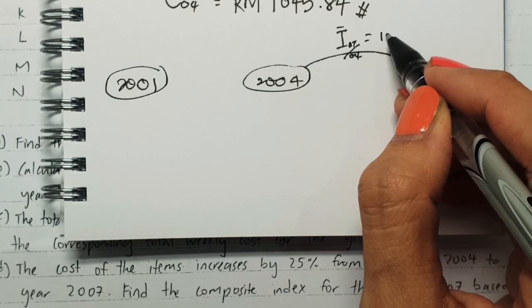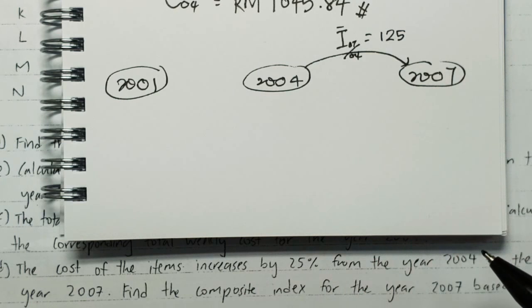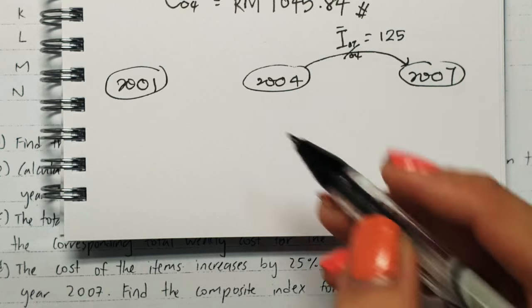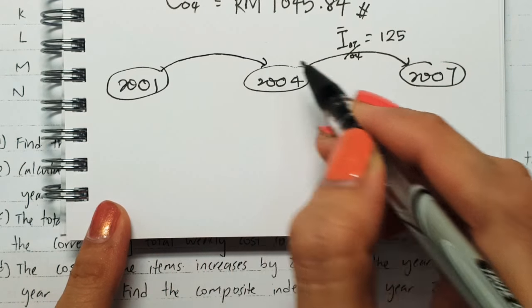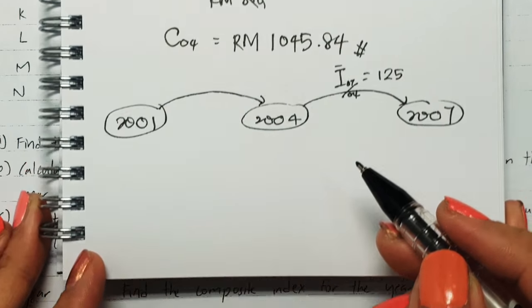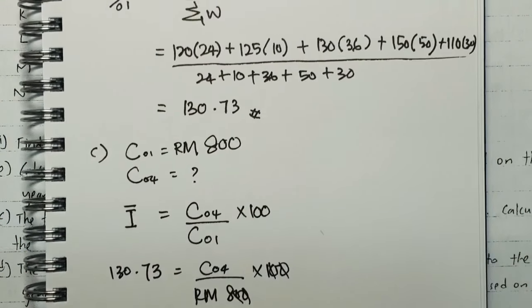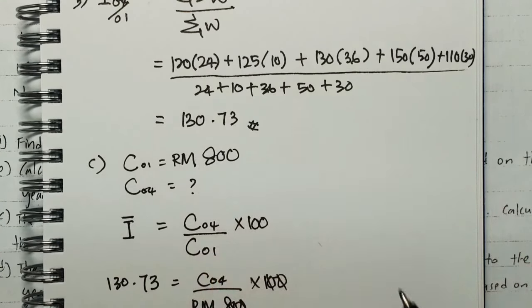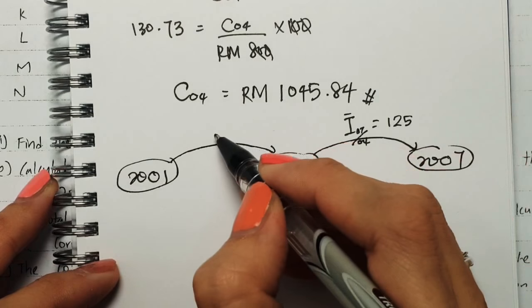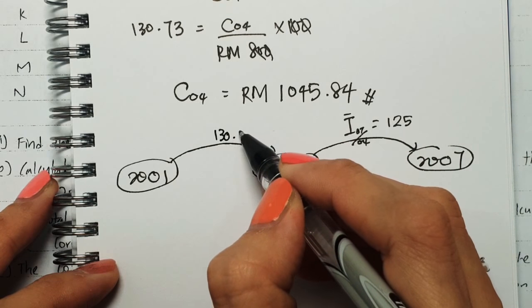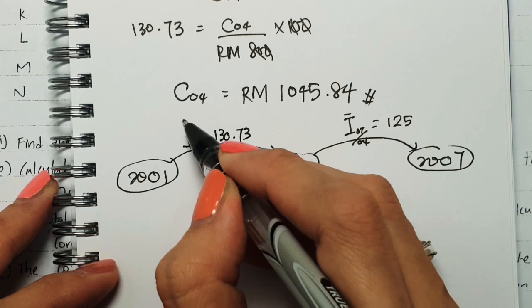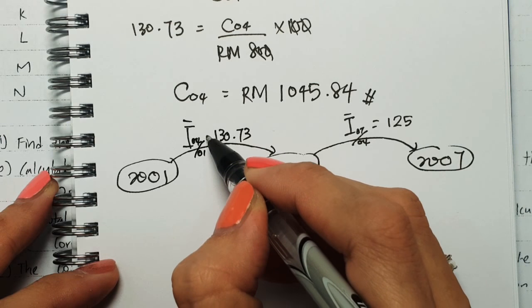It's 100 plus the 25%, so 125. That is our composite index, whereby the composite index that we just found, 2004 based in the year 2001, is this 130.73. 130.73, that is the price index, 2004 based in the year 2001.